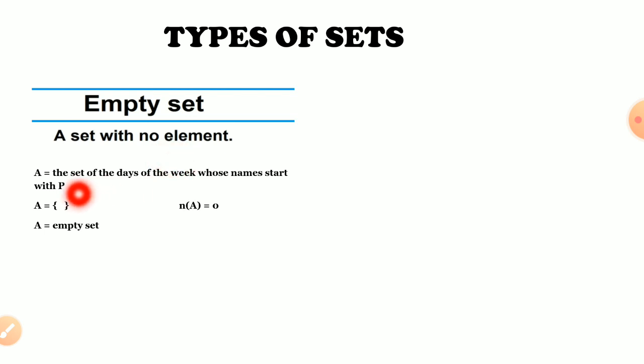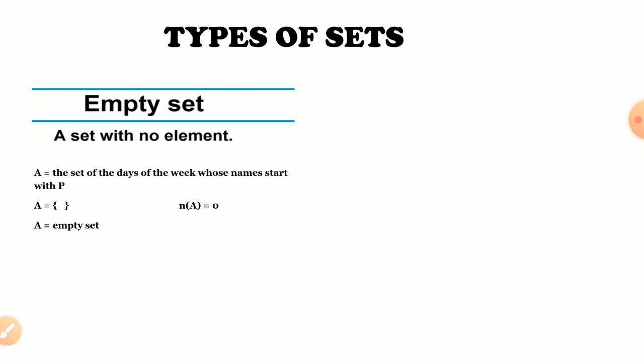For example, a set A, the set of the days of a week whose name starts with P. If we are making a set of days which start with the letter P, then we have no element in our set. It means A will be an empty set. Or the number of elements in set A is equal to 0. There will be no element in set A. We can say that set A is an empty set.